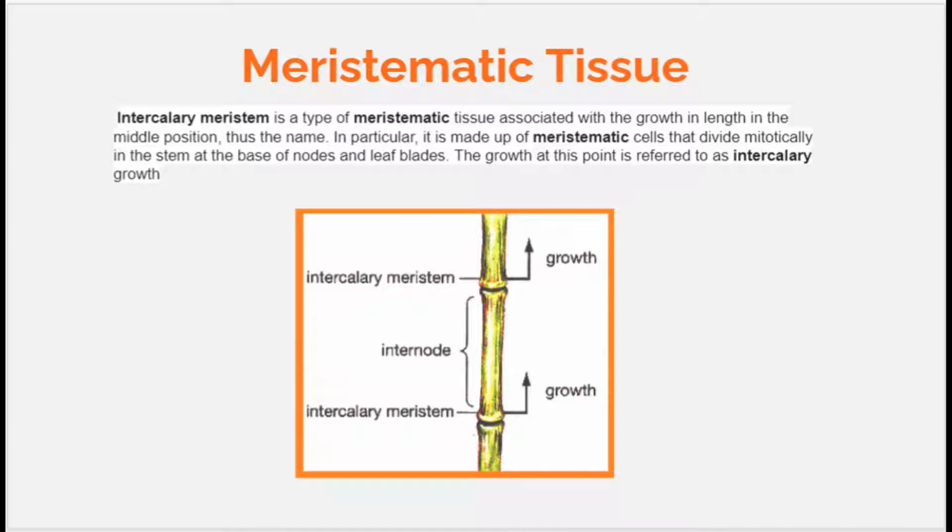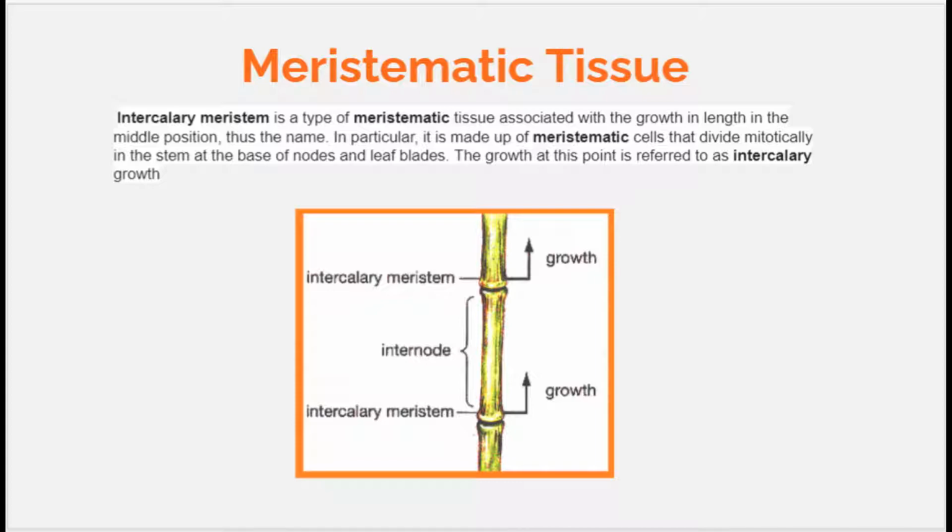Those regions are called nodes. Between two nodes, the space that is there is called the internode. So intercalary meristem is a type of meristematic tissue which is found in those regions.